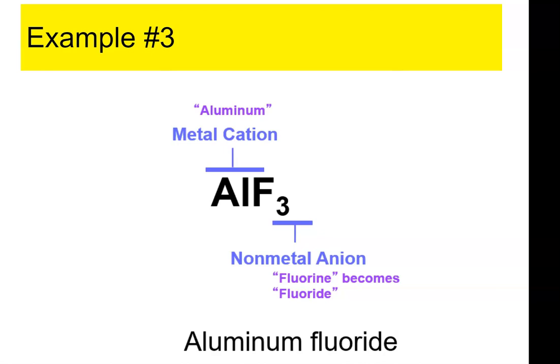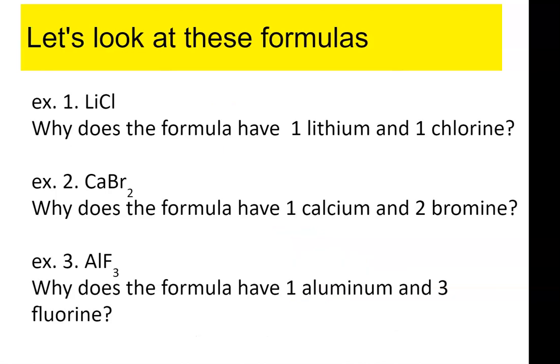Before we're leaving here, I want to talk about these formulas for a second. Let's look at these formulas. So for example 1, lithium chloride, that formula has 1 lithium and 1 chlorine, okay? And the question is, why is that the case? All right, example 2, calcium bromide, had 1 calcium and 2 bromine.